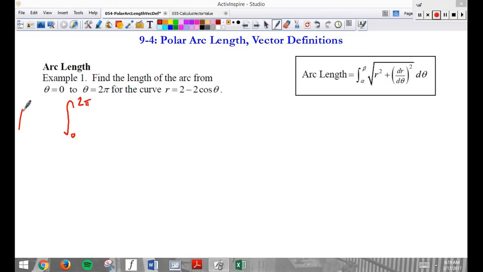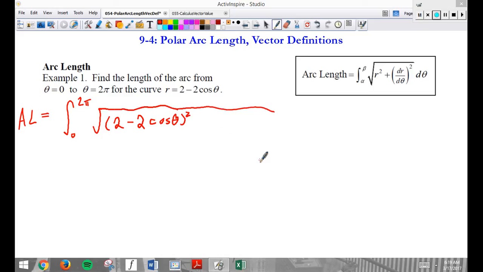And it would be lovely if you guys labeled your equations, like arc length, square root r squared. This is r. What kind of graph is that? If you said or thought it's a limaçon, you are right.